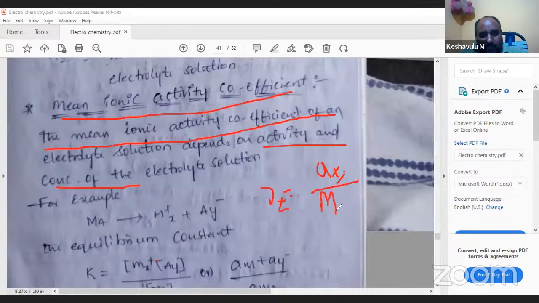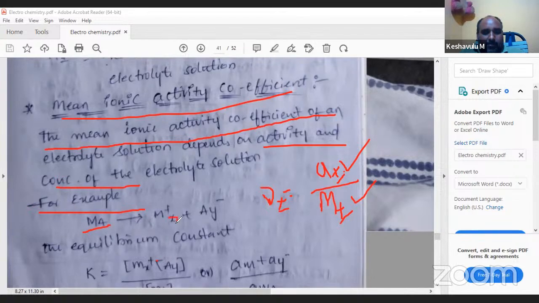So if we take one example, MA is the electrolyte solution, M is the cation, A is the anion, so M plus and A minus.